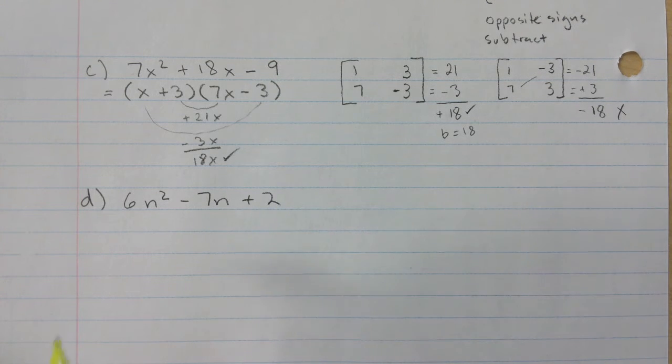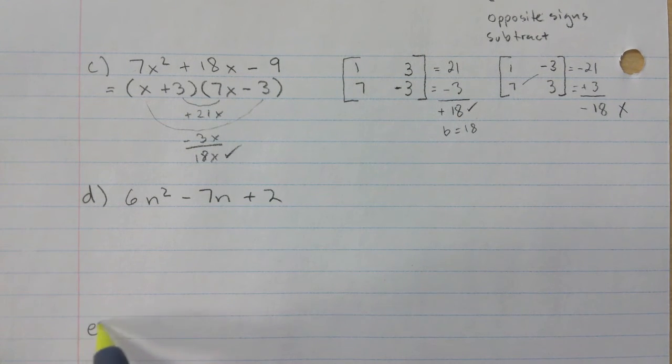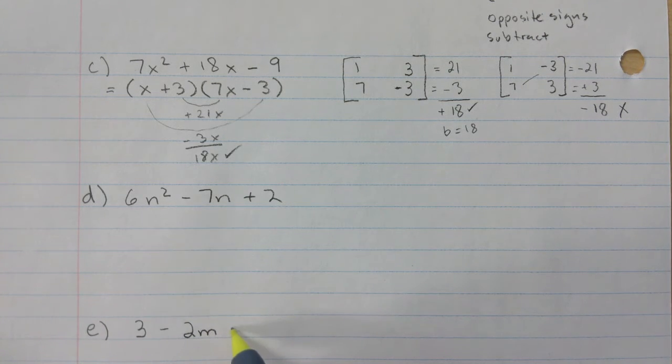Give that a try. E: 3 minus 2m minus 8m squared.